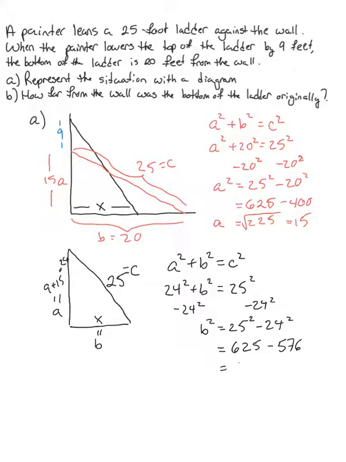And the difference between that is 49. So b is equal to the square root of 49, which is equal to 7. So originally, the bottom of the ladder was 7 feet away from the wall. So that is one way to do it. That might be the first obvious way to do it.